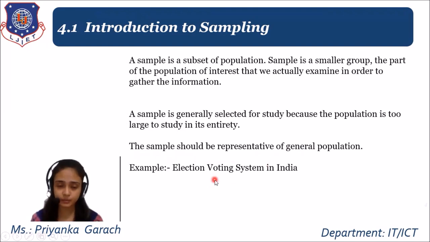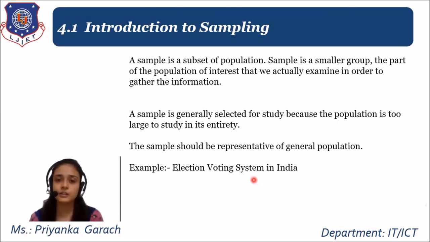In unit number 2, we took the example of the election voting system in India. Suppose the total population of India is 300 plus billion. It is very difficult to analyze and collect data of all these people, and we want to identify which party will win the election.